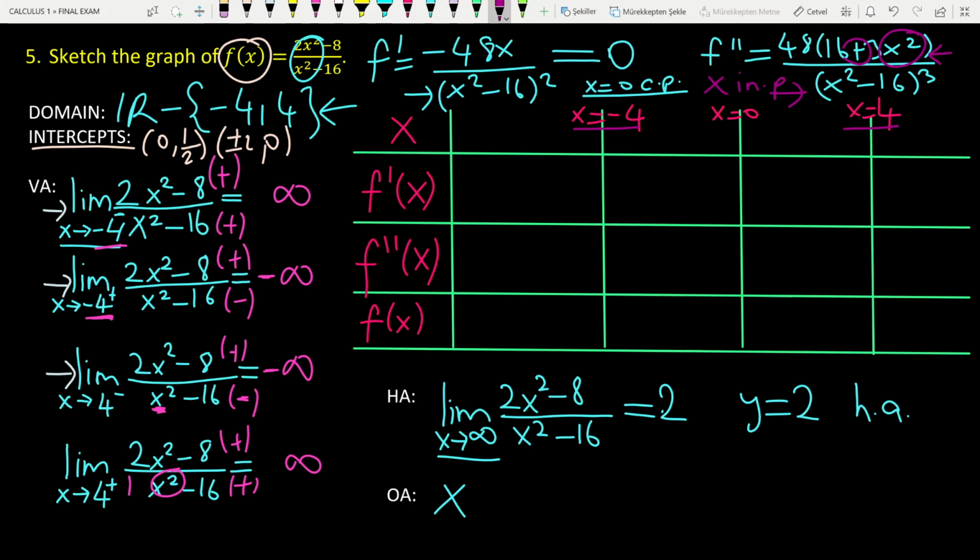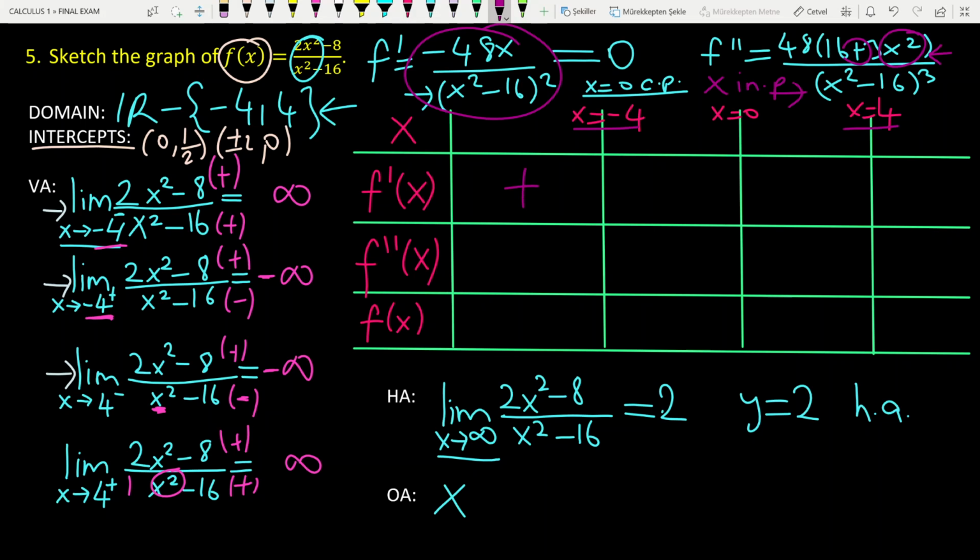So we need to find the sign of f prime on these intervals. From minus infinity to the point minus 4, what is the sign of f prime? F prime is given here. Denominator is always positive. From minus infinity to minus 4, as you see, numerator is also positive. So the sign is positive.